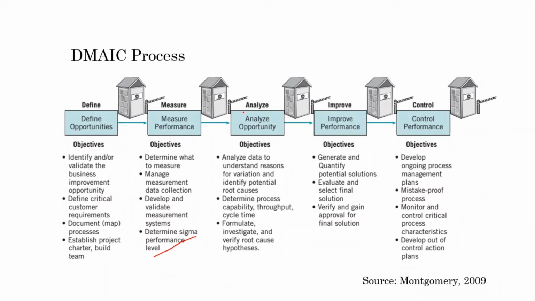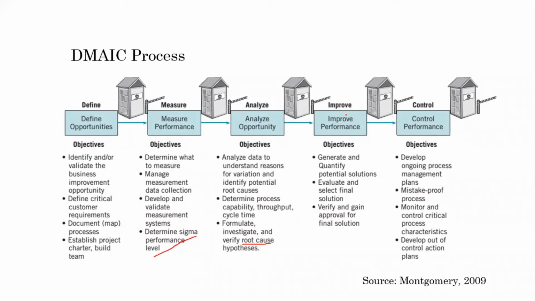Then you are going to analyze by collecting different data from the process, and basically you would look at the root cause. What is the root cause? If you know the root cause, then you can easily suggest various alternative solutions. That would be the improve phase.